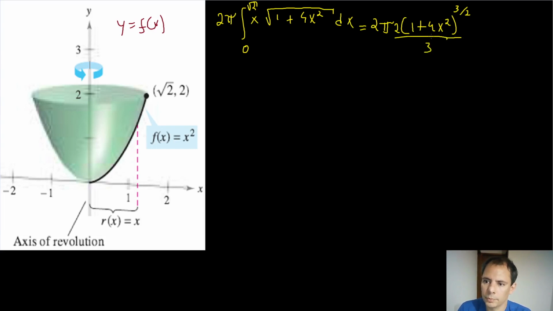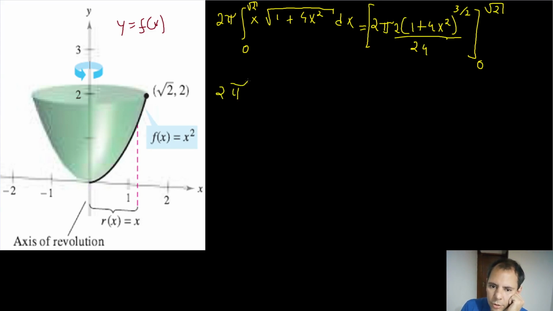We also divide by the derivative of the inner function with respect to x, which is 8x. So 8 times 3 is 24. Here you have an x, but because you repeat this x, you just simplify them, so don't worry about it. It's just going to be this thing from 0 to square root of 2.